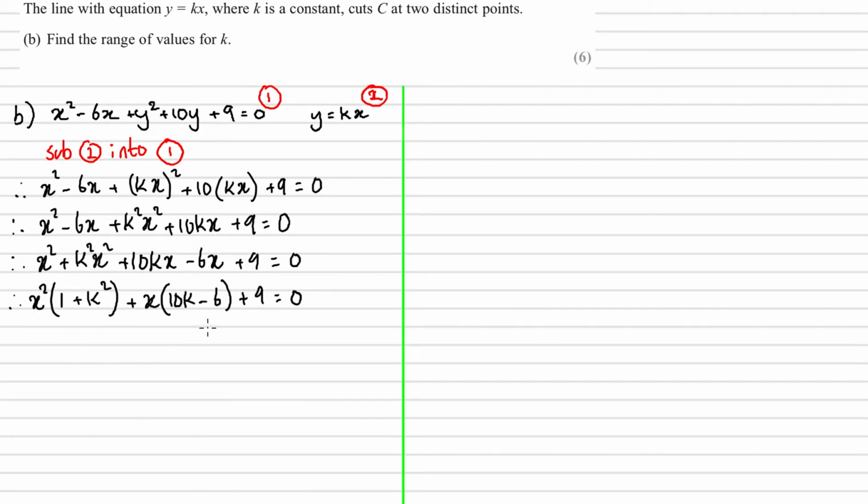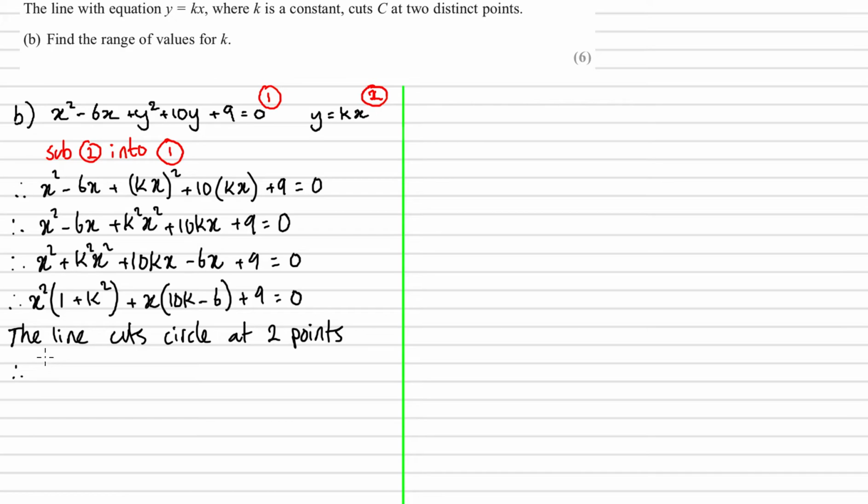And b, which is the coefficient of the x term, is just 10k minus 6. And then c is 9. Okay, so because we know the line cuts the circle at 2 distinct points, we can say the line cuts the circle at 2 points.